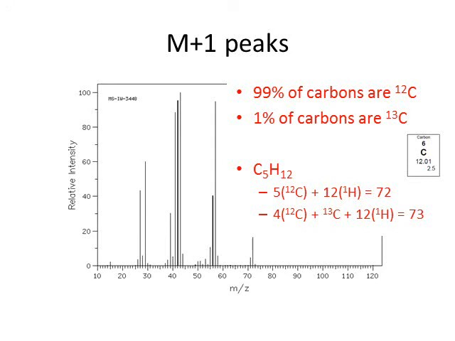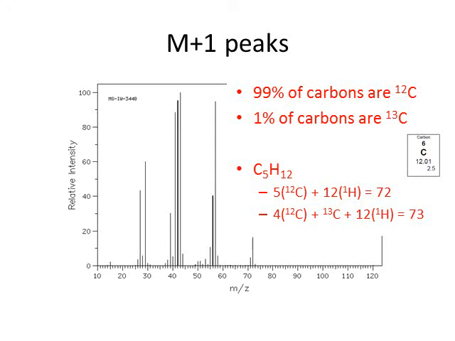This 12.01 that we see as the atomic mass is just, if we have a lot of molecules, like if you go to the balance and you weigh out some compound, you've got like 6.02 times 10 to the 23rd carbons. Well, you can just do statistics, and based on, assuming that 99% of them weigh 12 and 1% of them weigh 13, you could say on average they weigh 12.01.